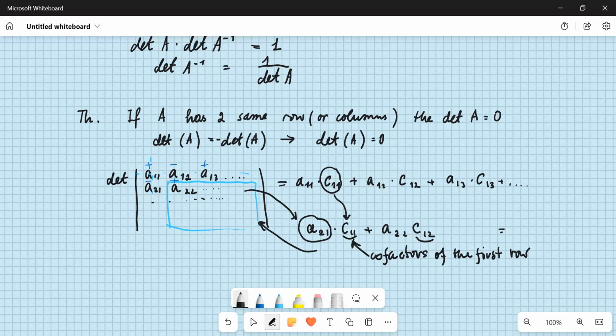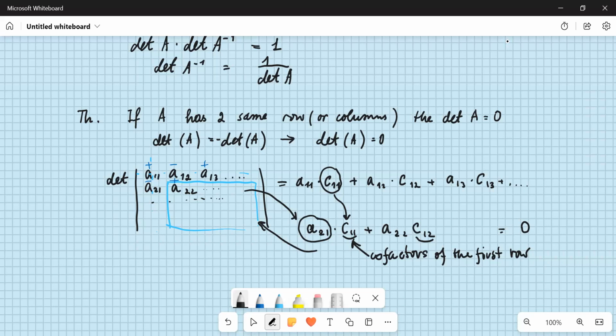And it's going to look like you calculate the determinant of the matrix with two same second rows, which is going to be equal to 0 because of this theorem, right? So actually, this is an interesting fact that if you take cofactors of one row, like first row or second row or third row, and multiply them by any other row except its own row.